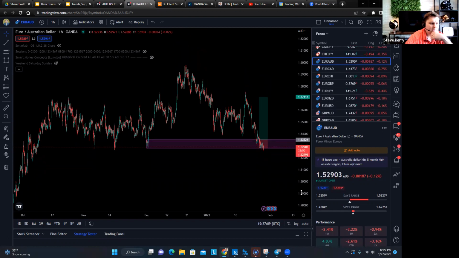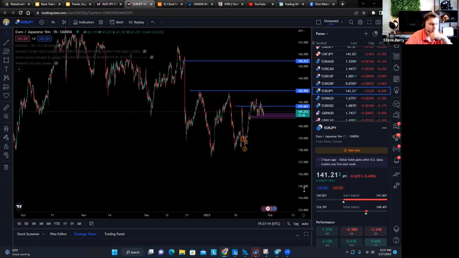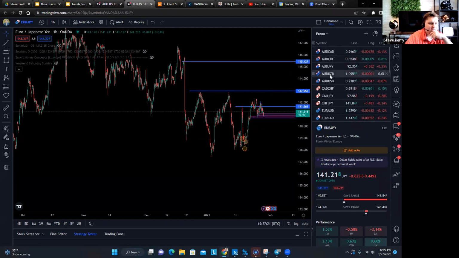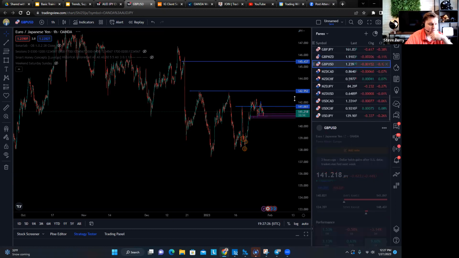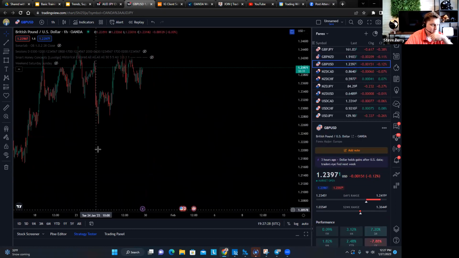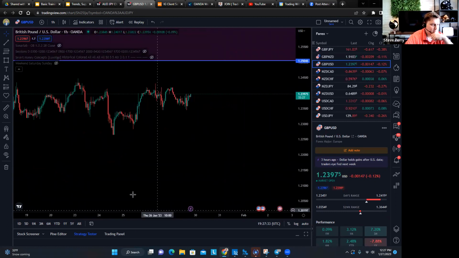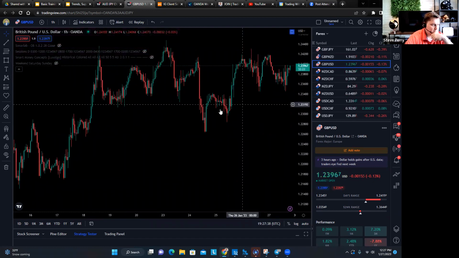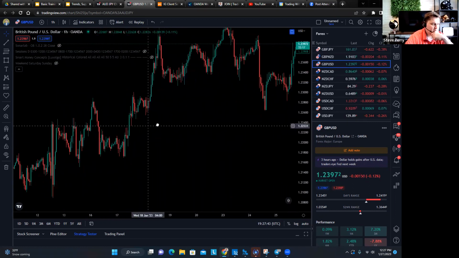No, that's not the one. Let me see if I can find an example on maybe the pound dollar or something like that. I have to find a good support resistance area.